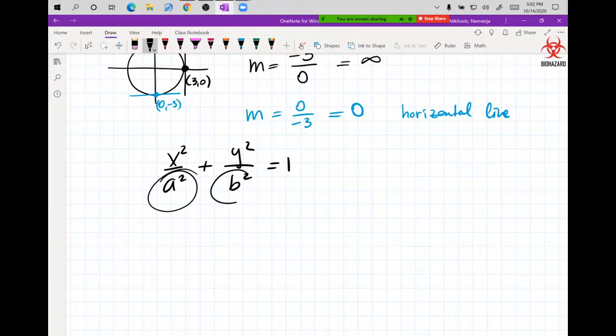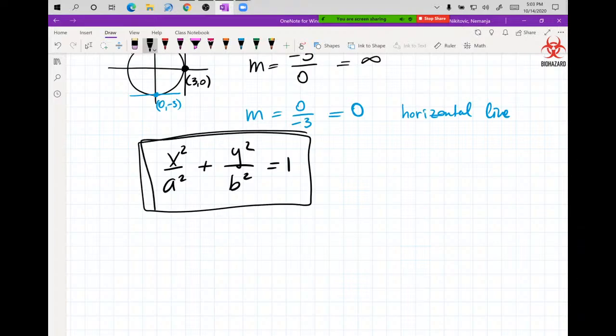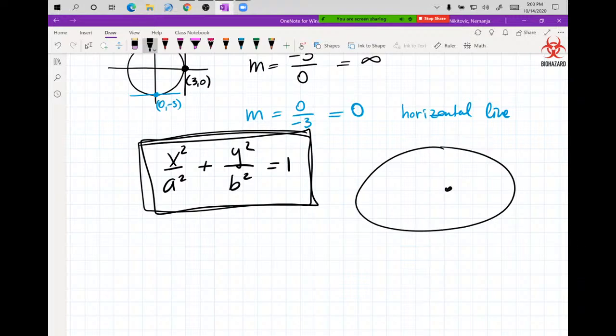These are just constants. The derivative is pretty much the same. You can figure out what these are in lengths. Go research it online. You have the orbit of Earth around the sun in terms of the ellipse, because it is an elliptical orbit with the sun in one of the focal points. That's the center, 2 focal points, and the sun is in one of them, and Earth goes around.